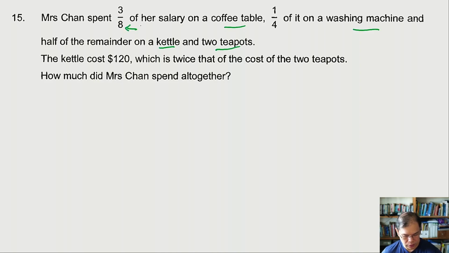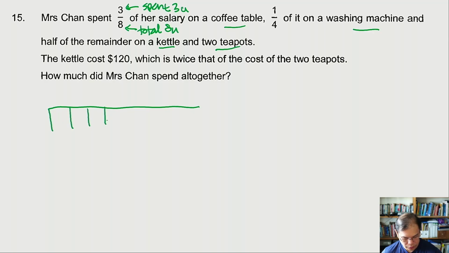Okay, so there are a total of 8 units, and she spent 3 units on a coffee table. Alright, so I draw this 1, 2, 3, 4, 5, 6, 7, 8. Okay, so 3 out of 8 on the coffee table.